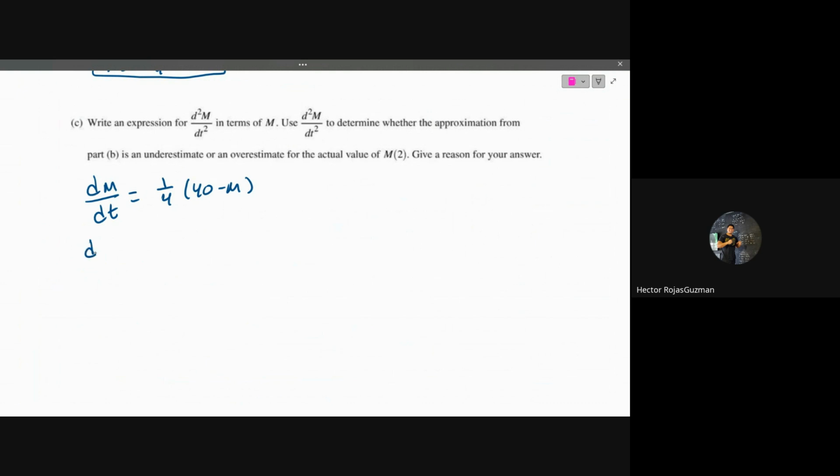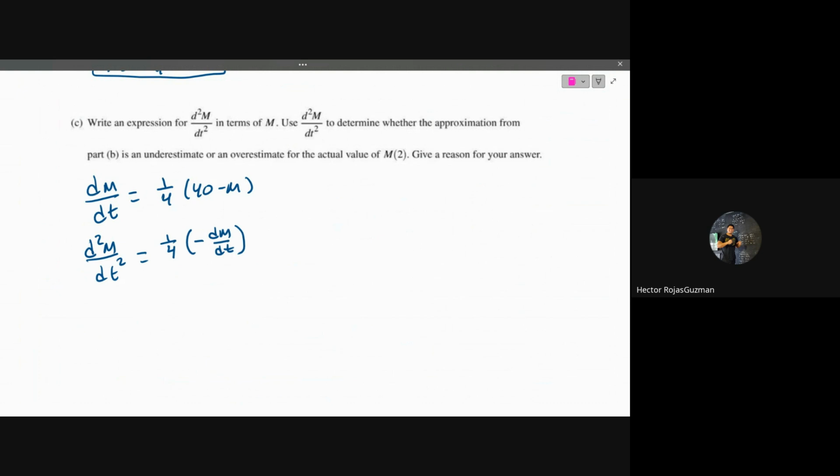So the second derivative is basically 1 over 4 times negative dm dt, or negative m prime, but I'm going to write it as negative dm dt to keep my notation constant.